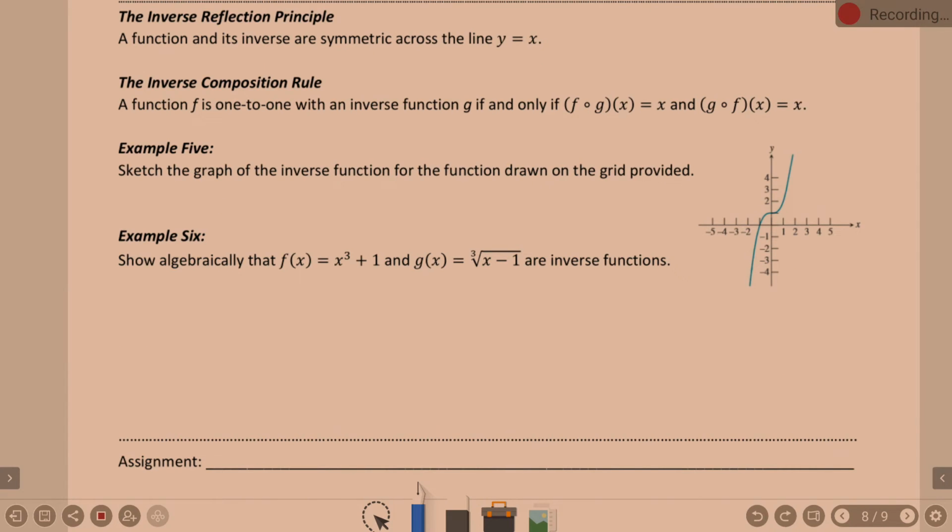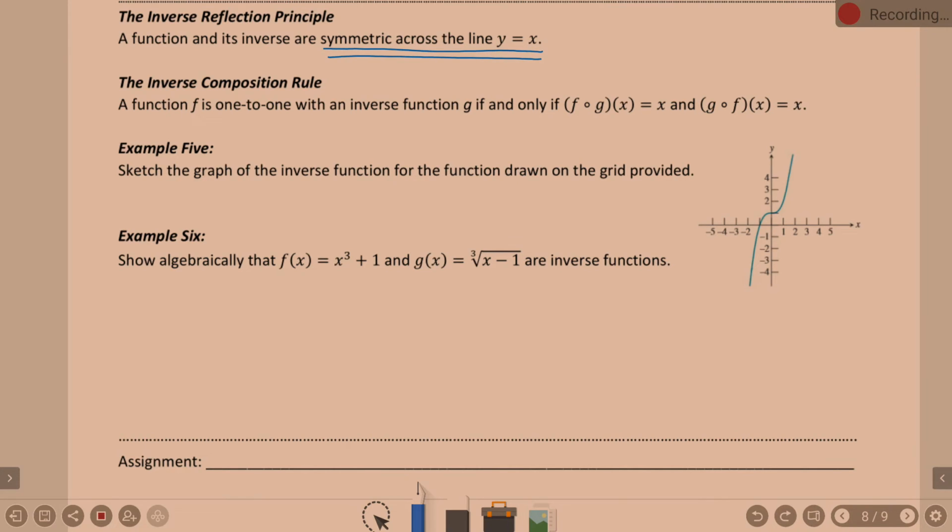Okay, one last topic. There are several pieces to it, but the idea is about inverses. We just practiced how to find an inverse, which is switching the x and the y and solving for y. Now, when we talk about a graph, and we're going to do that here in example 5, a function and its inverse are symmetric across the line y equals x.